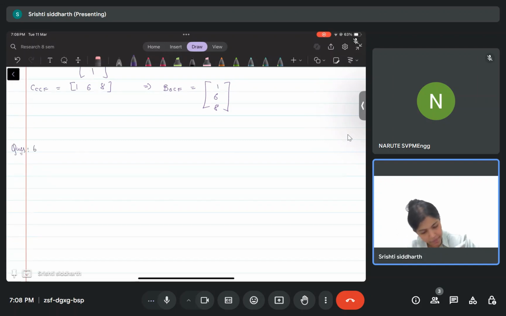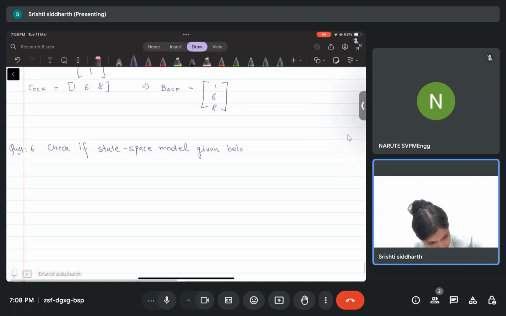Question 6. We have to check if the state space model is a minimal realization.